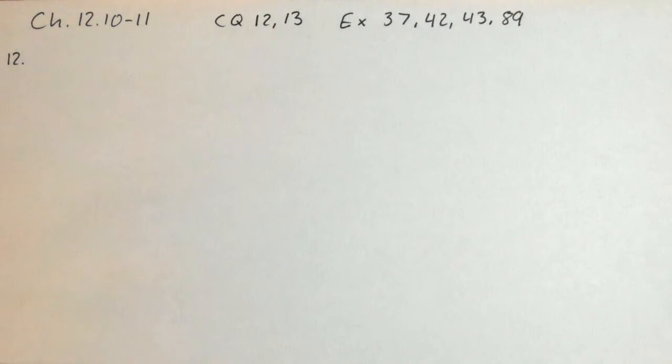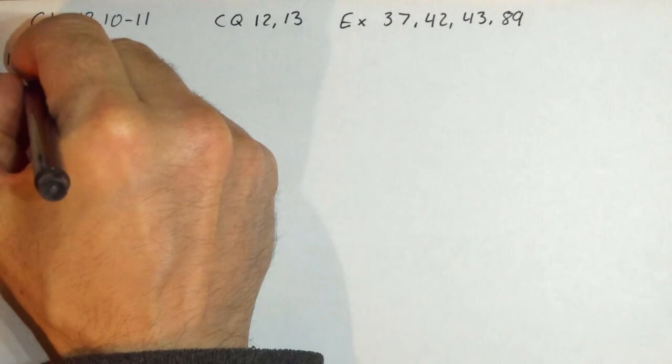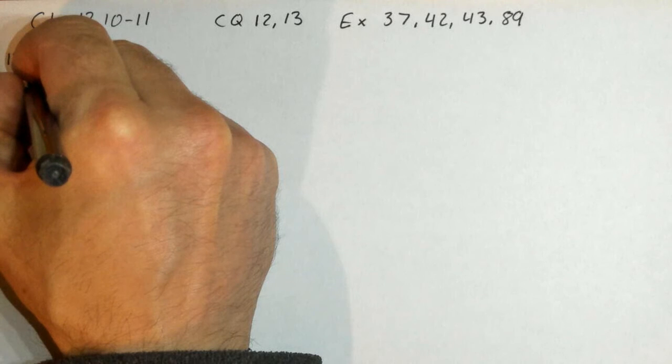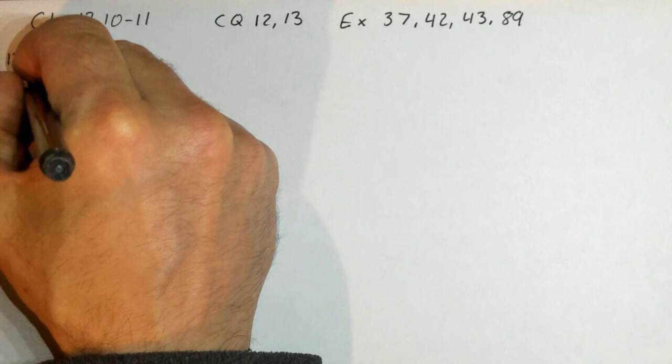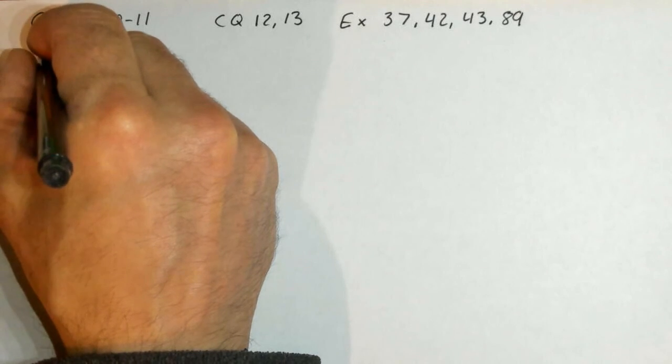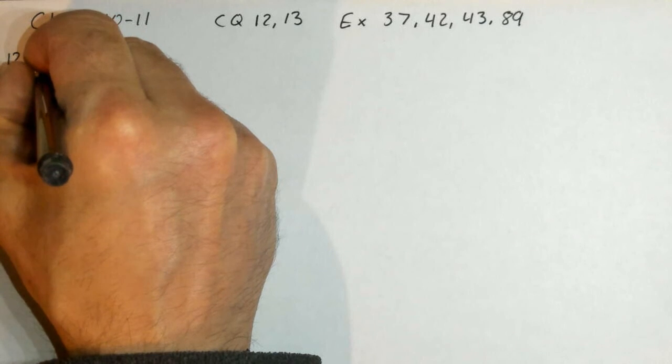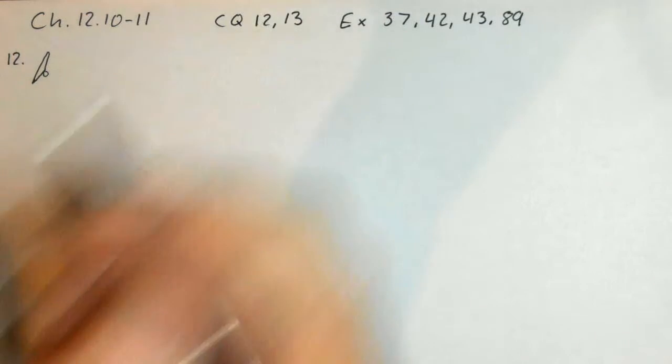So looking at concept question 12, this is a fun one. So there's a pike position and a tuck position in diving. In a pike position, the diver is just bent at the hip, holding their ankles like that.